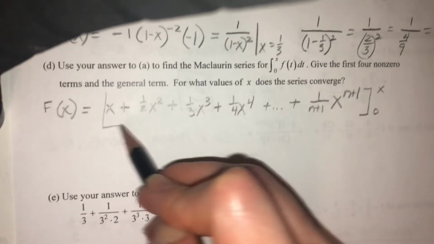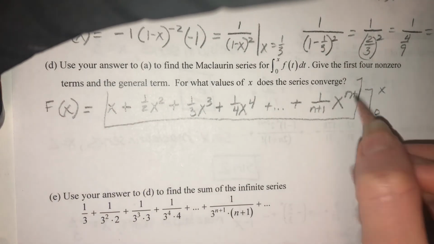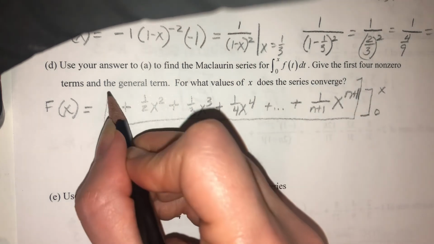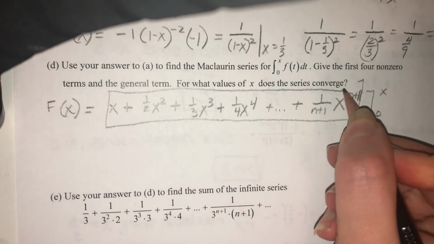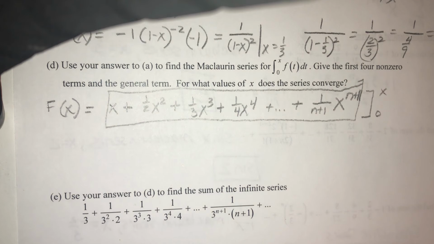So basically this is the first four non-zero terms and the general term.